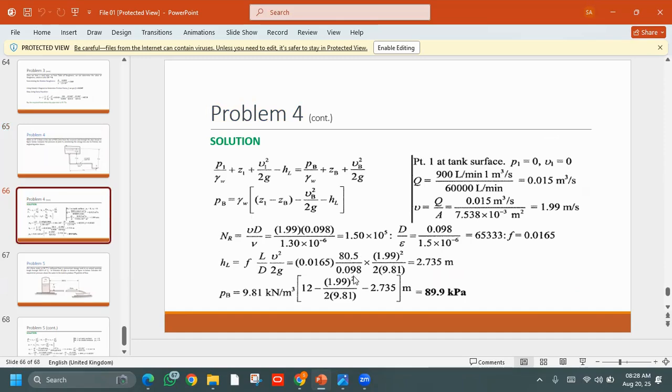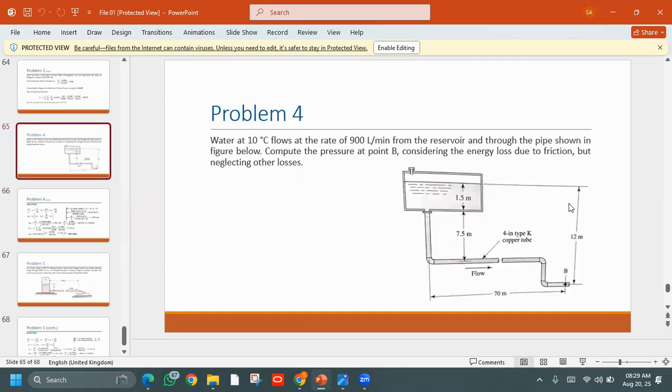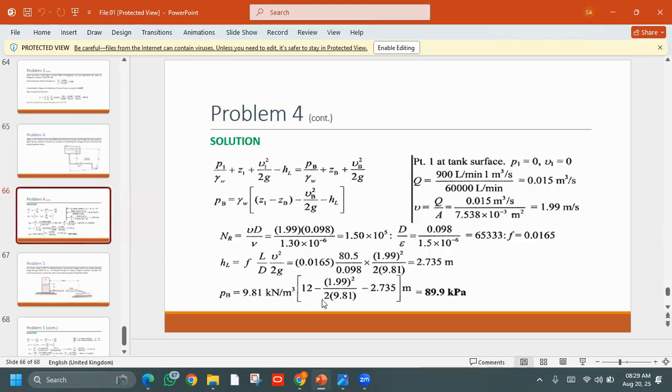So let's put in the other values, which is the diameter, g equals 9.81, and the value of velocity. So the head loss will equal 2.735 meters. Now we have the head loss value. We have the elevation difference, which is 12 meters from point 1 to point B, so we will put that into the equation.